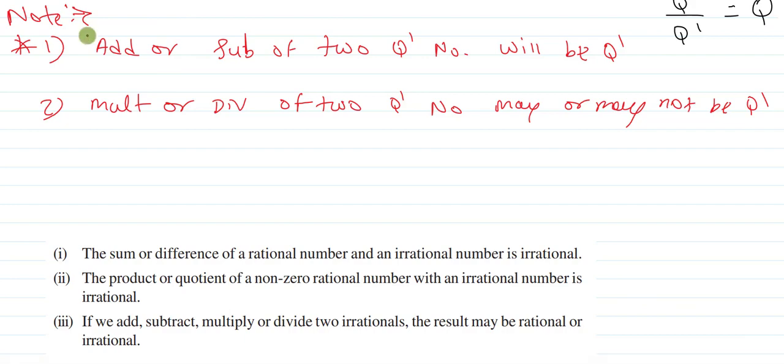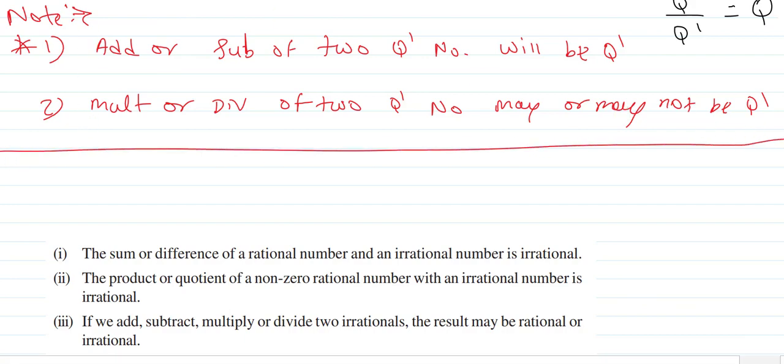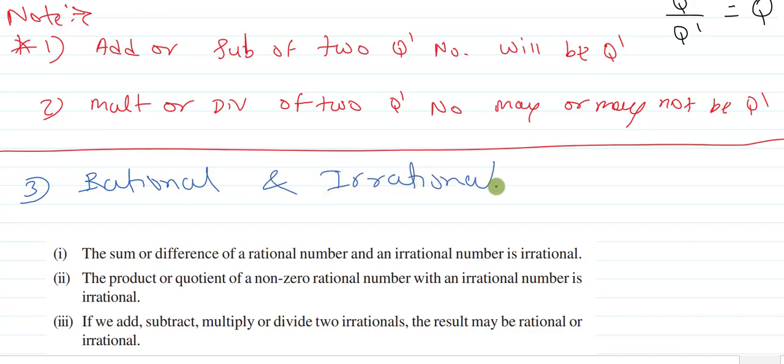Now coming to the third one. Third one was a rational number and an irrational number. For this we have taken some example at the top.